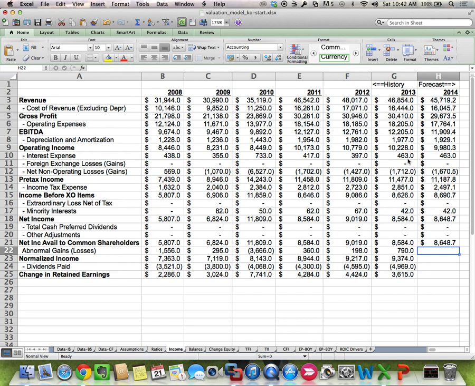Abnormal gains and losses, 0. These are one-time gains and losses. It's ironic that Coke has had an abnormal gain or loss for 6 consecutive years, but theoretically, they shouldn't, right? But they do. Because they're abnormal, it's hard to forecast them, so we're not going to.